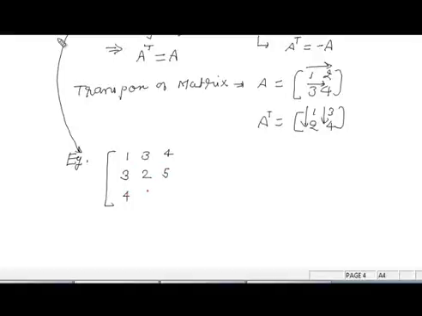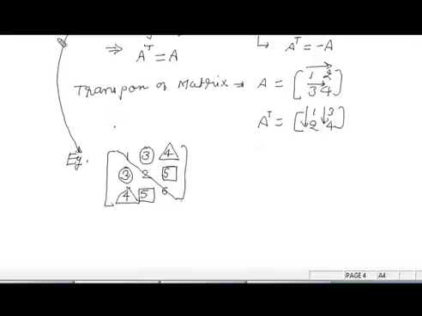Here this should be 4, 5, 6. So what symmetry says is, if I take this diagonal, then about this diagonal, this term and this term should be the same. This term and this term should be the same. This term and this term should be the same. So if I take the mirror image about the diagonal, and all the elements are the same, then it is called the symmetric matrix.